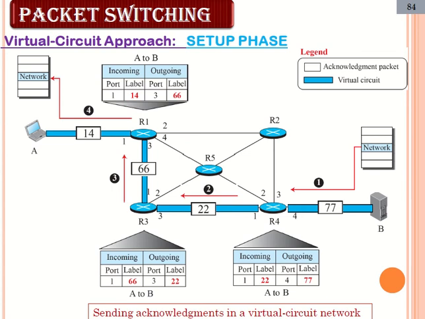So in the setup phase, first the request packet will be sent from source to the destination through all the routers, and when it moves from one router to another, it will note down the incoming port, that is the port from which it got the packet, and it is going to give a label, and also it will make a note of the outgoing port while setup.